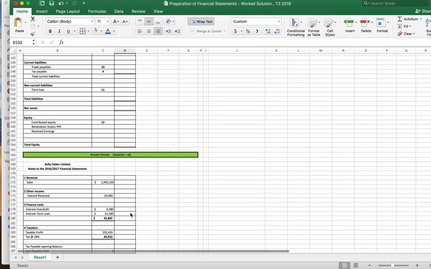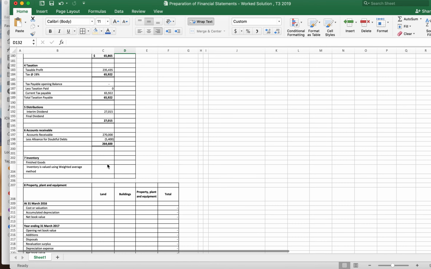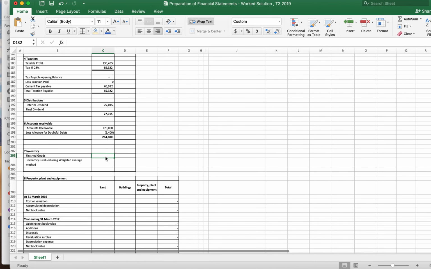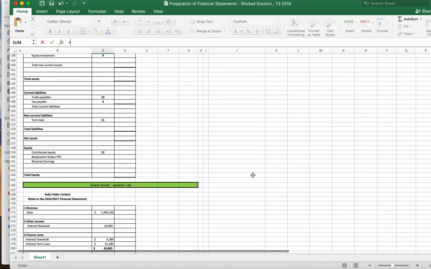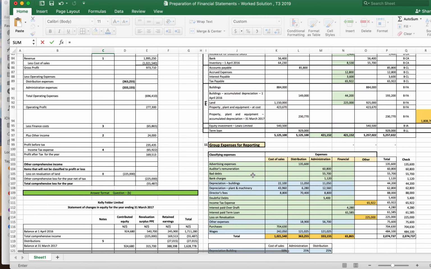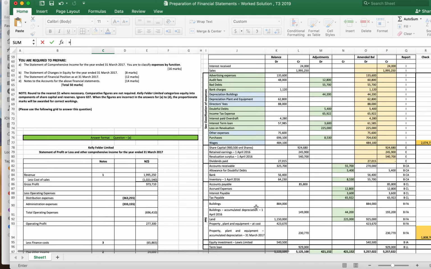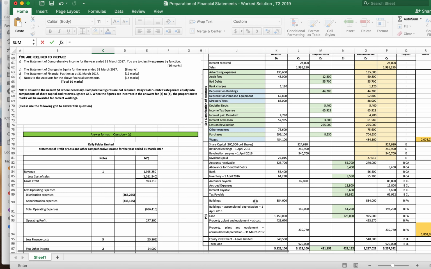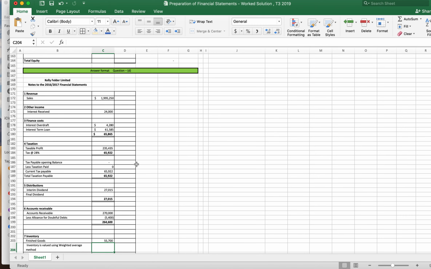Okay, inventory is relatively straightforward. Inventory is what inventory is. Go to the trial balance. This is a current asset as well. There's the inventory balance. Okay.